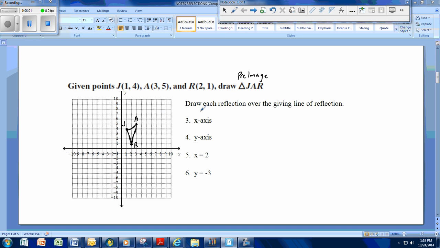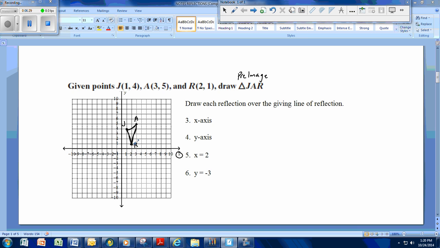Now we're going to reflect this triangle first over the x-axis. The x-axis is this line right here. So I'm going to flip it over that line. R, for instance, is only 1 unit away from that line.